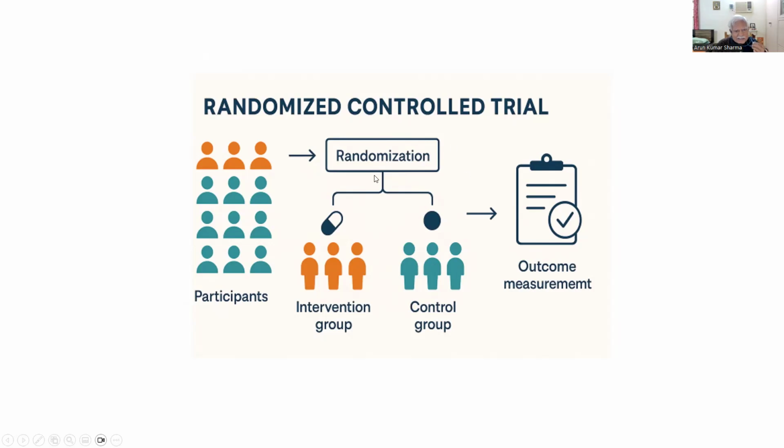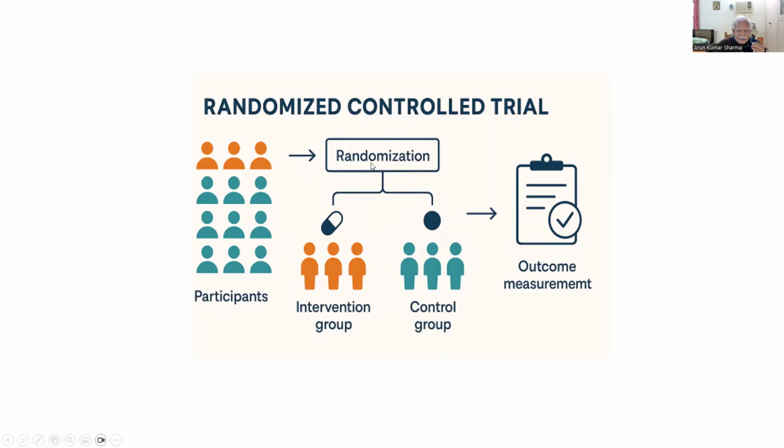Determine your sample size, and after determining sample size for intervention and control group, you select some participants randomly. Randomly means by ensuring that the probability of selection of each of these persons in the intervention group or in the control group is same. So select randomly. Why randomly?